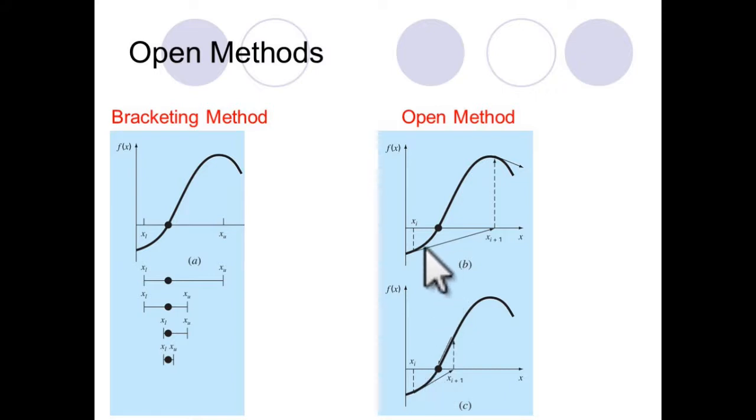It can be any point, and then we move to our new point, which is the possible location for the root, and then we evaluate the function and check whether the function is 0 or not there.